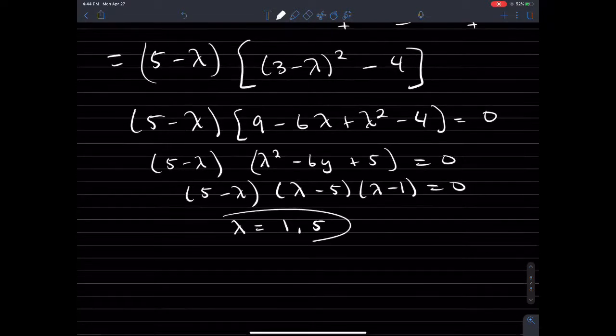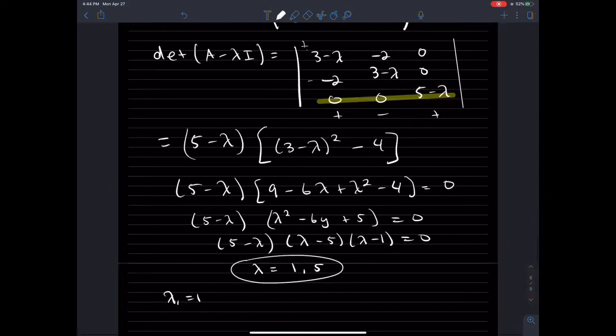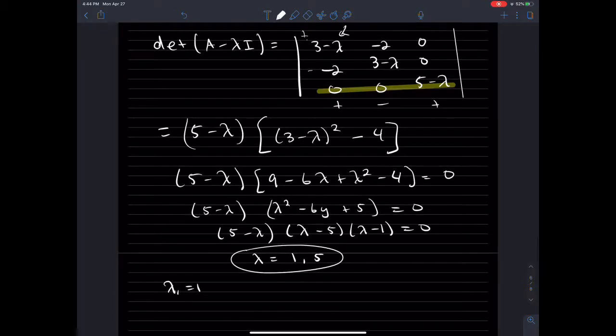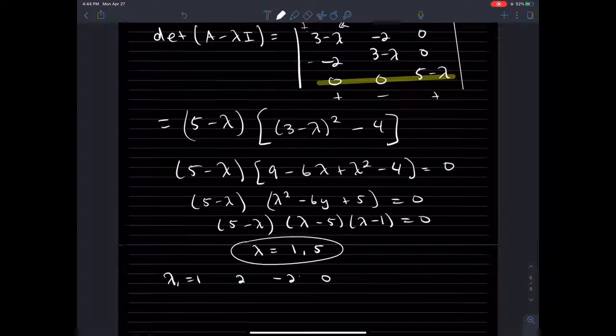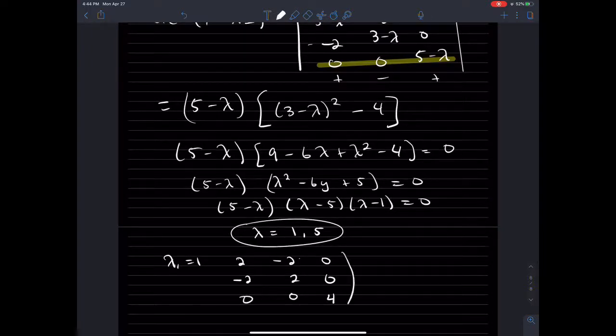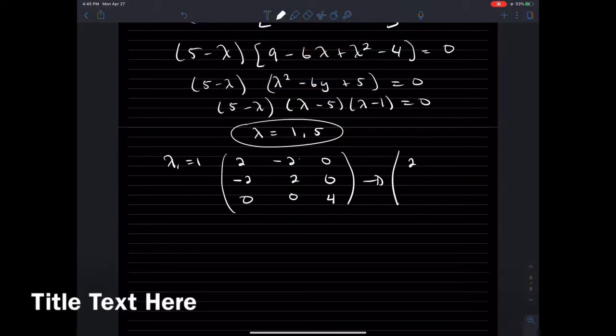Okay, and so for lambda 1 equals 1, we plug it back into that equation up there. So we plug lambda in here. 3 minus 1 is 2, minus 2, 0, minus 2, 2, 0, and 5 minus 1 is 4, 0, 0. 2 minus 2 is 0.